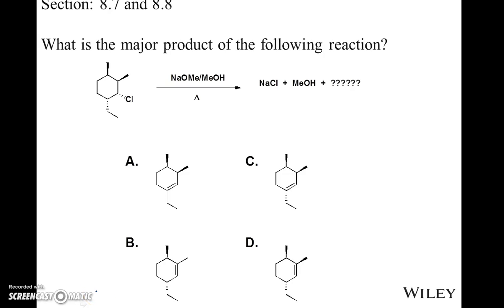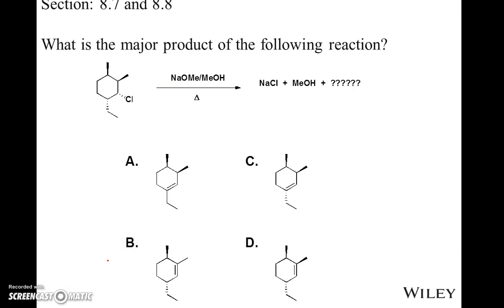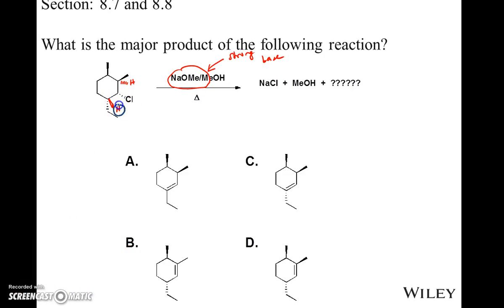Now, again, you have to remember when you're doing E2 mechanisms, this is going to be an E2 because it's a strong base. Now, don't forget, you have a hydrogen here. Sorry. You have a hydrogen here. And you have a hydrogen here. This hydrogen is preferred. Why?